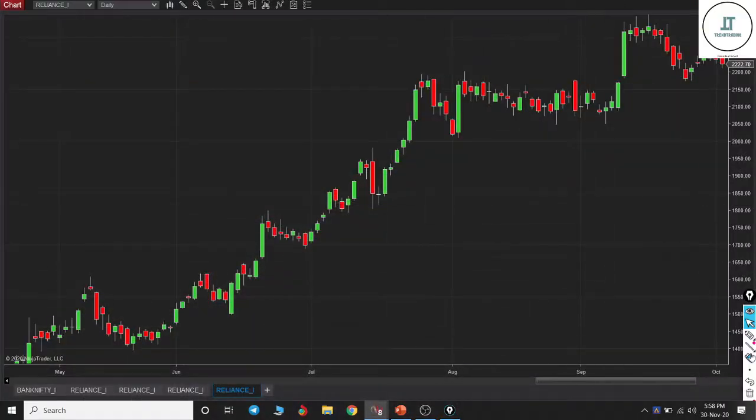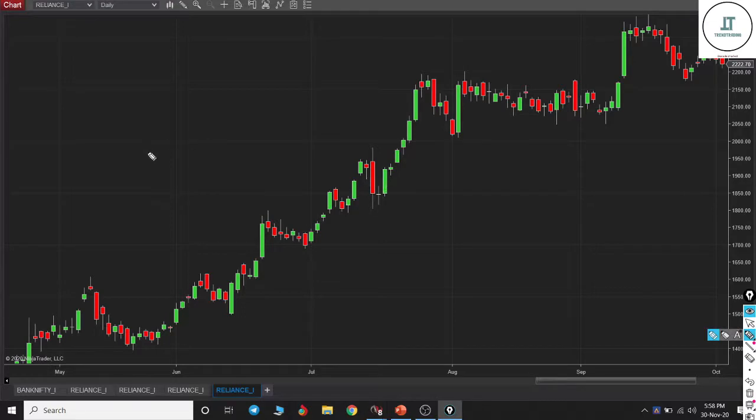So first of all, what is an uptrend? A simple higher high and higher low formation is a typical uptrend. So to identify the trend of a stock in a higher time frame like daily, what is a higher time frame?